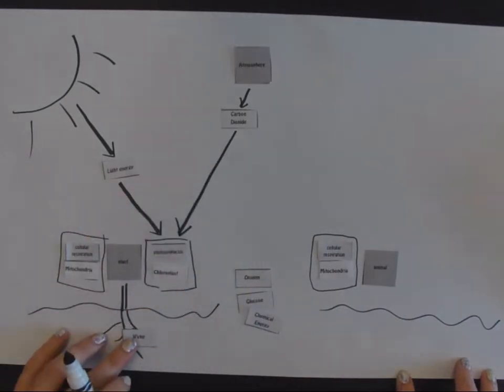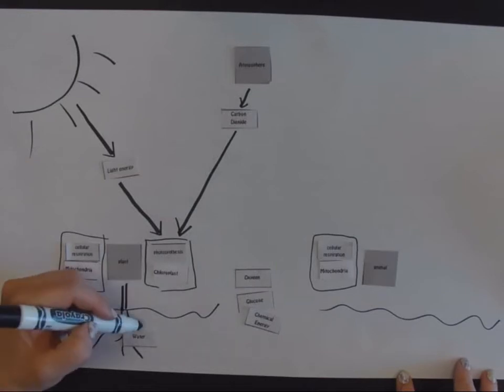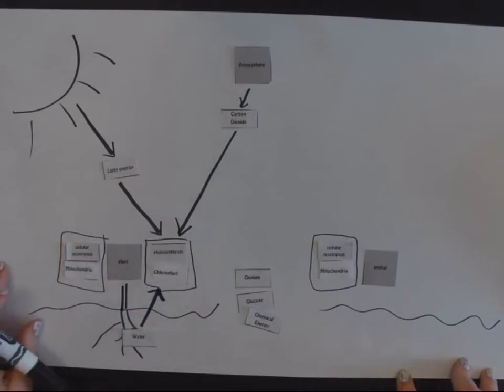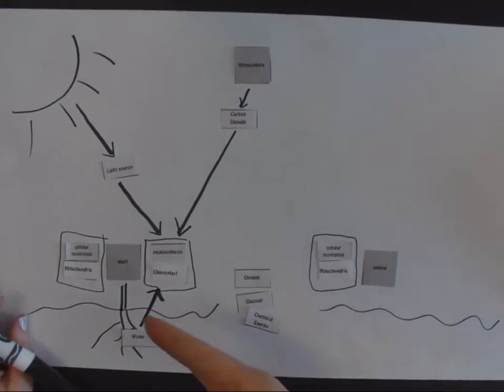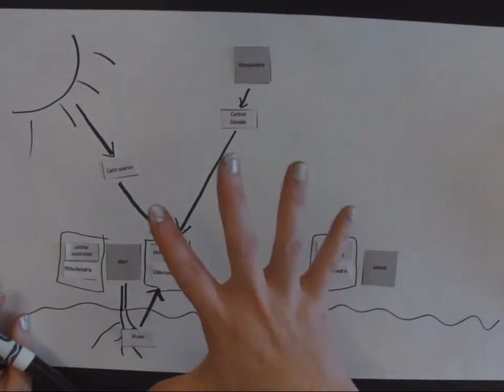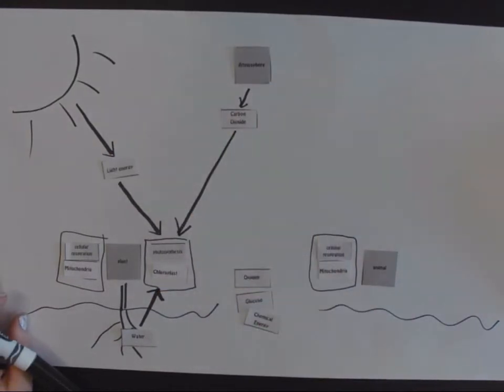So my water belongs in the roots and is an input. So in step 3, I picked one process and I put my polka dotted pieces around it, and now I'm tracking where it actually goes.